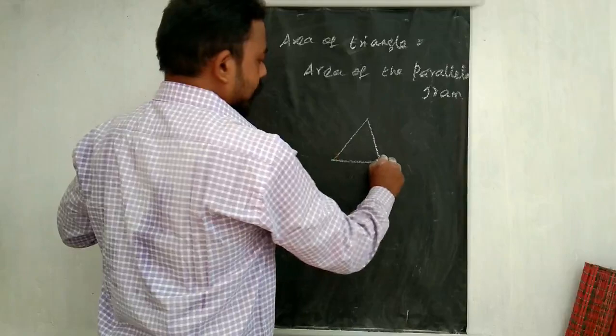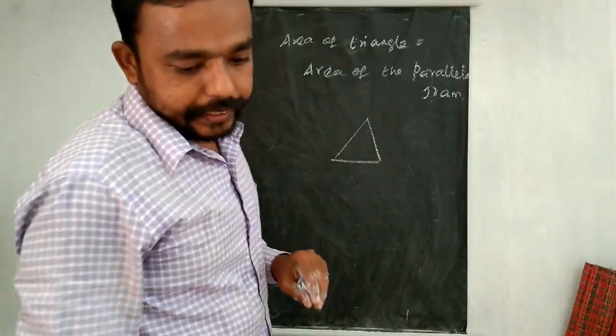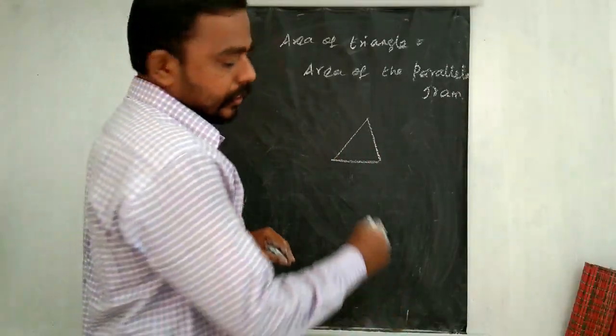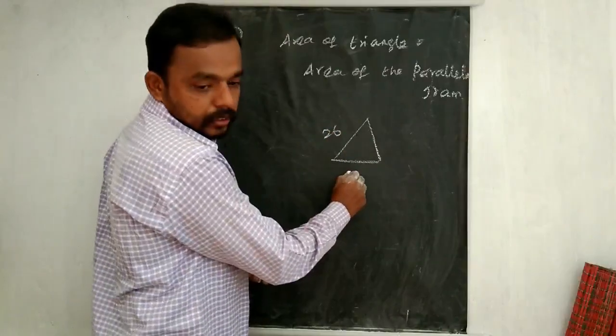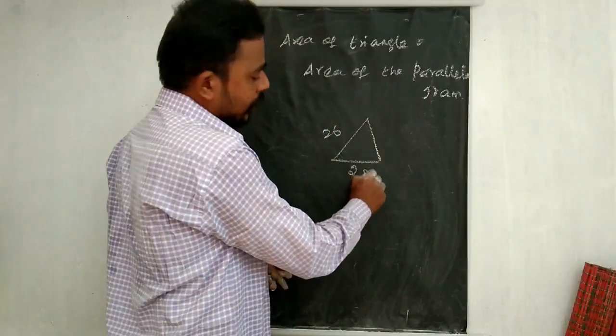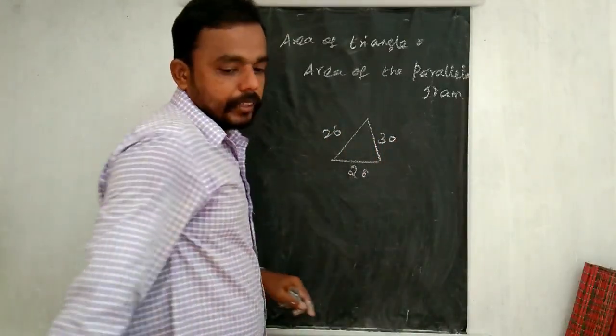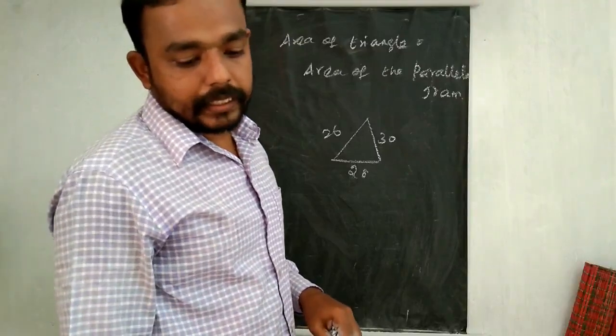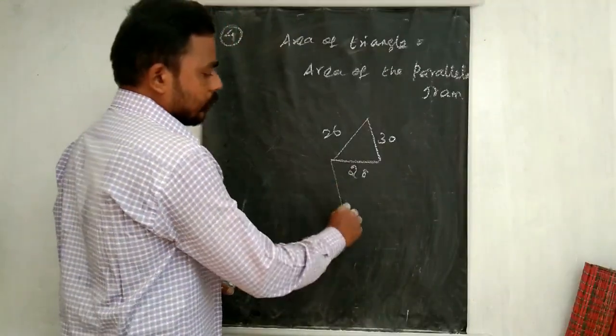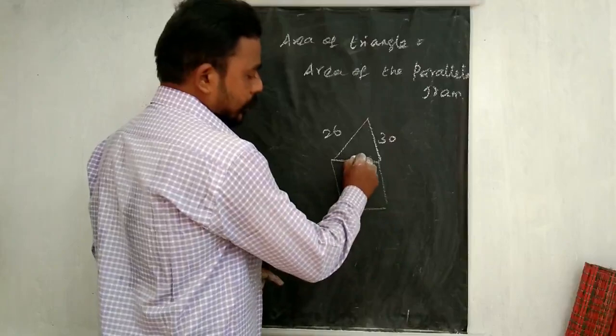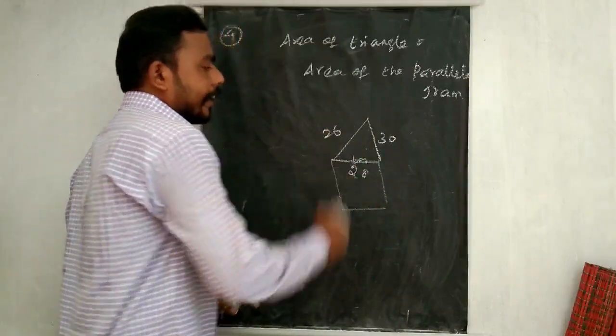Suppose this is a triangle with sides 26, 28, 30 millimeter given, and the parallelogram stands on the base 28. Suppose this is your parallelogram. It's a base. Now both areas are equal.